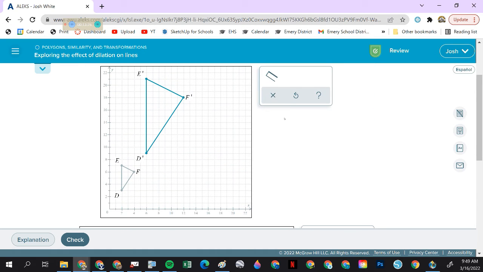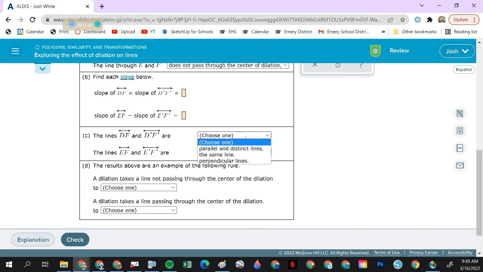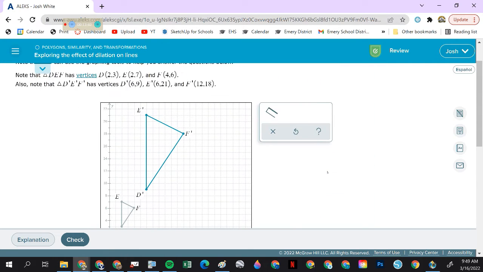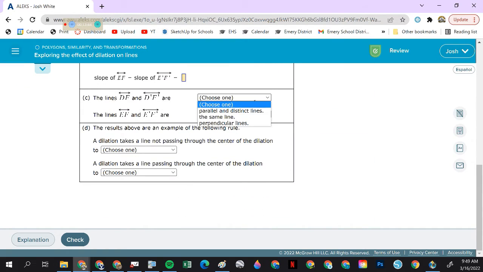So look at D and F. Are lines DF and D prime F prime the same line, perpendicular lines, or parallel and distinct lines? DF and D prime F prime lie on the same line. Okay, what about EF and E prime F prime?